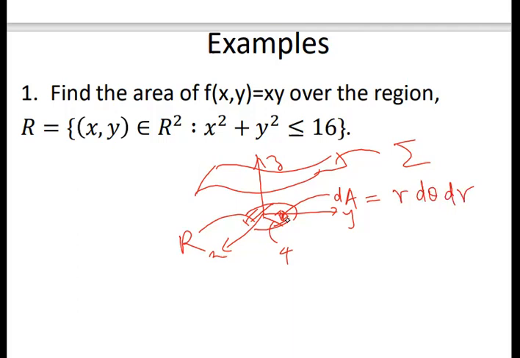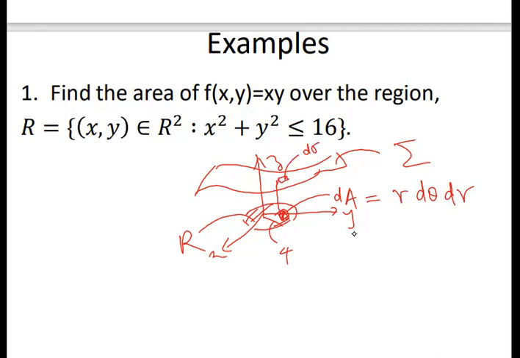This is the infinitesimal area, and here is the corresponding infinitesimal surface element. Let's denote it d sigma, lowercase sigma.